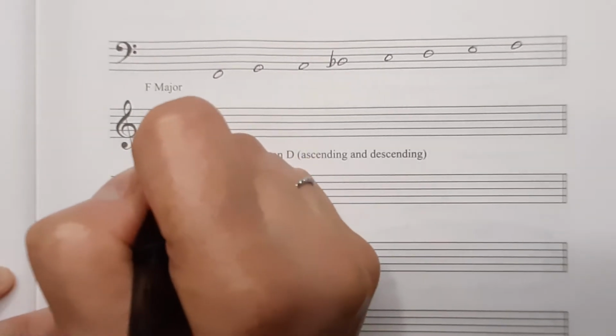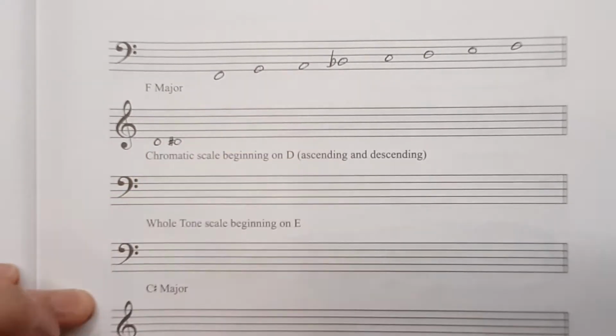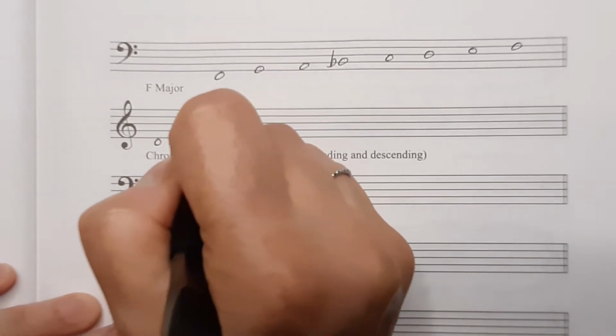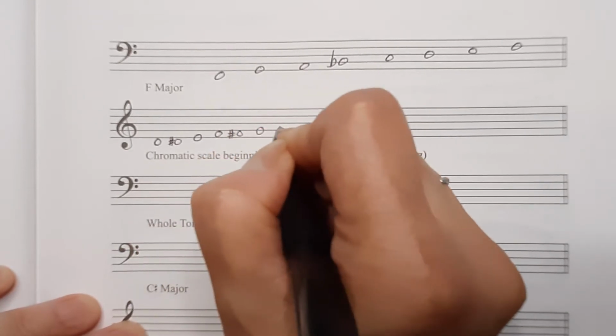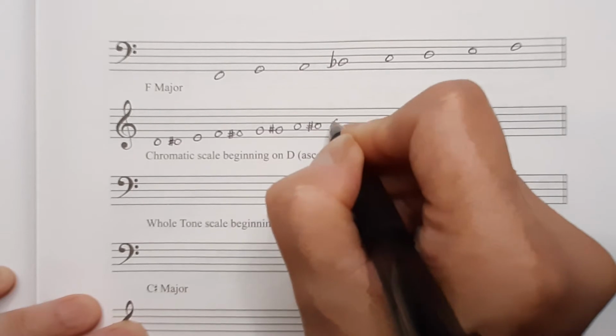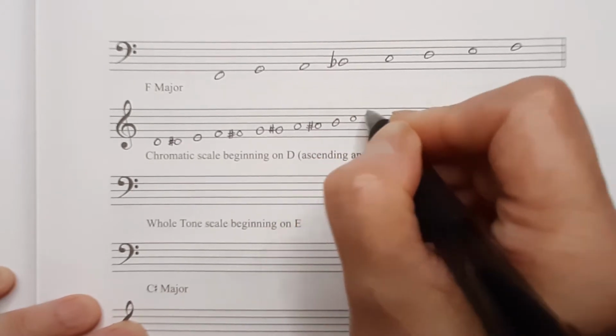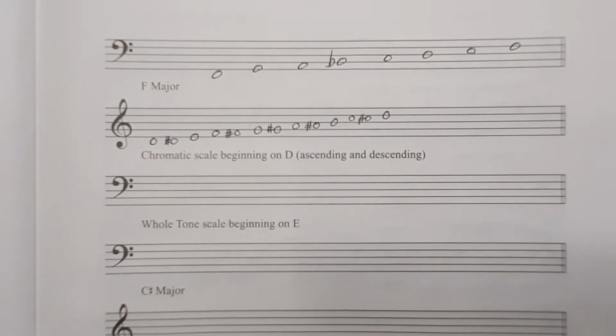We're going to do D first, and a half step above D is D sharp, and a half step above D sharp is E, then F, there's F sharp, G, G sharp, A, A sharp, B, then there's a C, C sharp, and D. There you go. Now we're going to go down, okay?